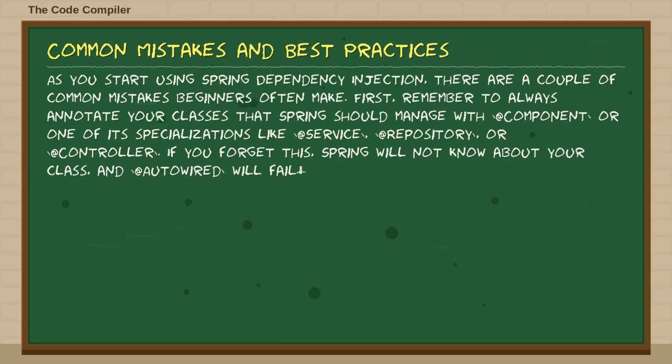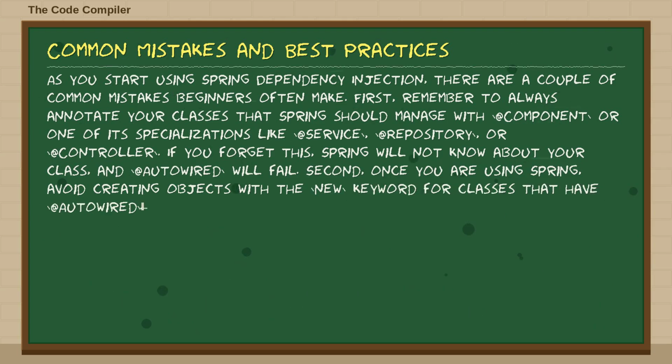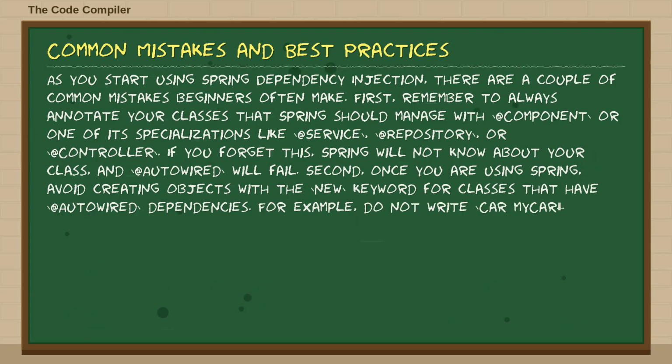Second, once you are using Spring, avoid creating objects with the new keyword for classes that have @Autowired dependencies. For example, do not write Car myCar = new Car() if Car has an @Autowired Engine.